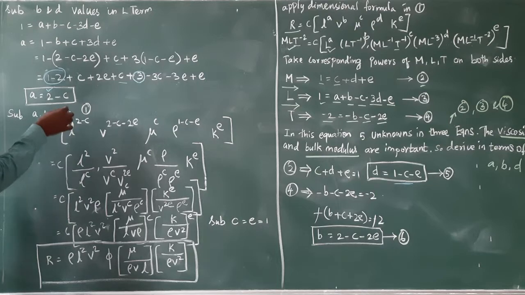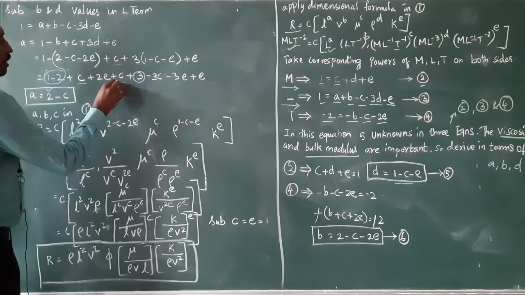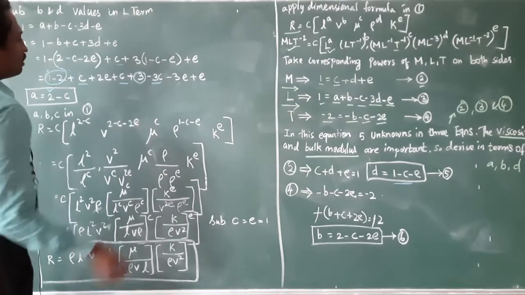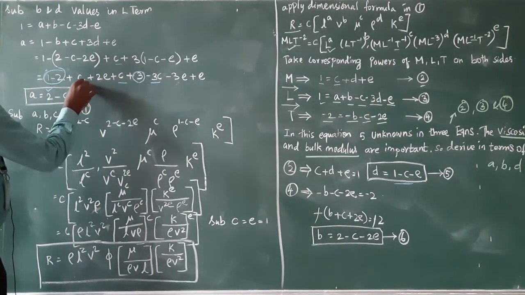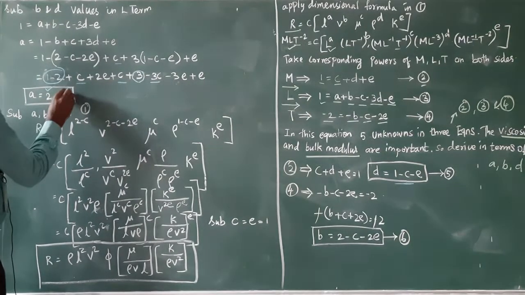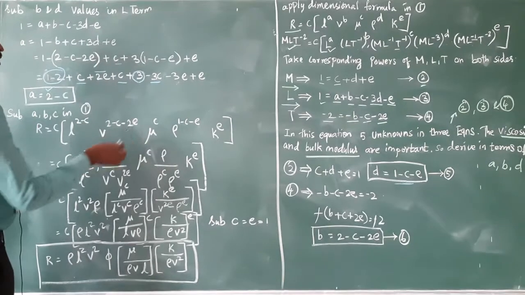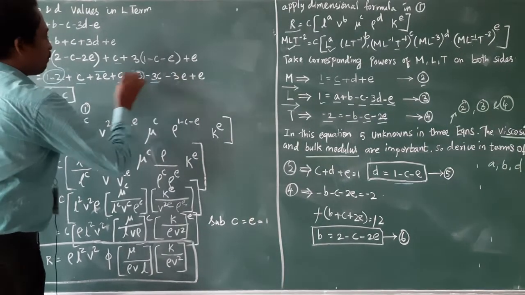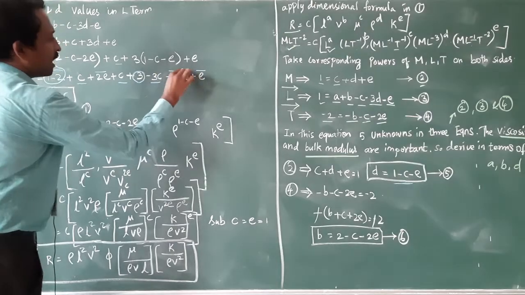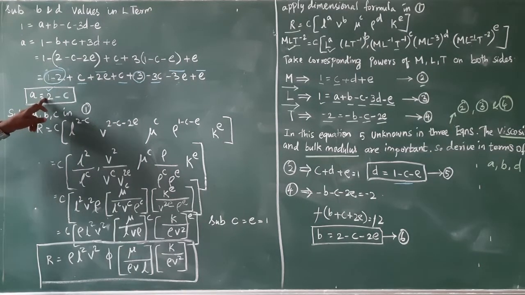Then take the C terms: C plus C is 2C, minus 3C is minus C. Next, the E terms: plus 2E, plus E and minus 3E cancel, so the E term is cancelled. So the value of A is 2 minus C.